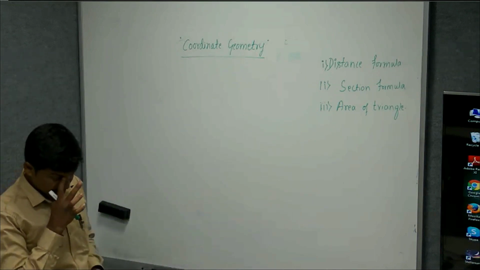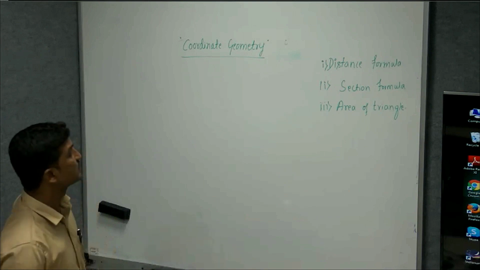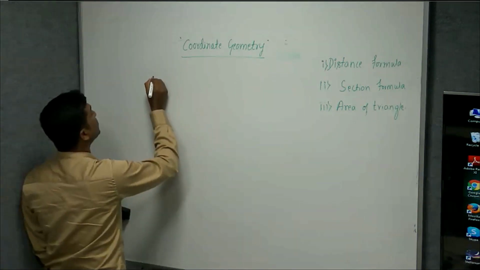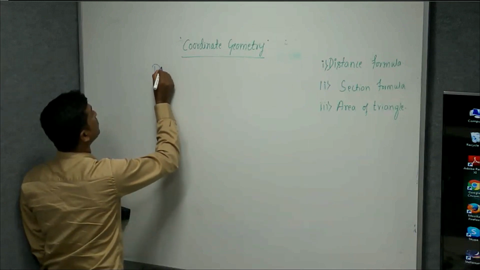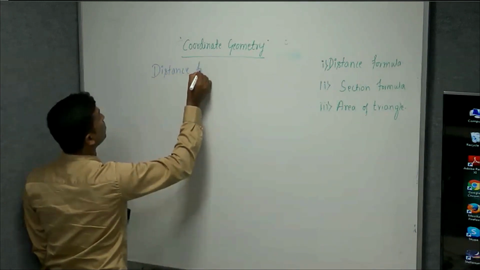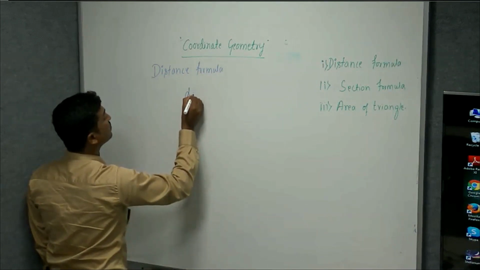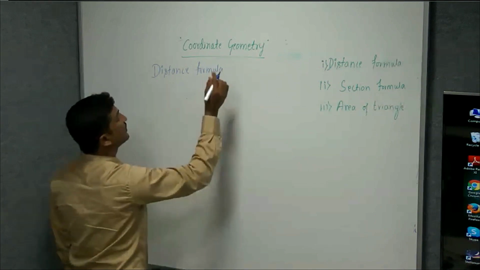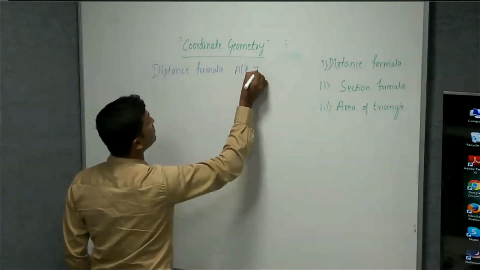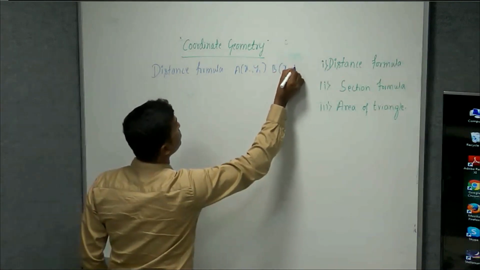Now first we will discuss the distance formula. I am not going to elaborate much, as you already know the formula. Let us take the line joining 2 points A (x1, y1) and B (x2, y2).